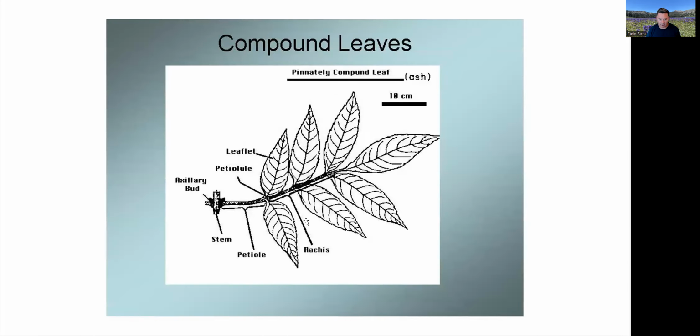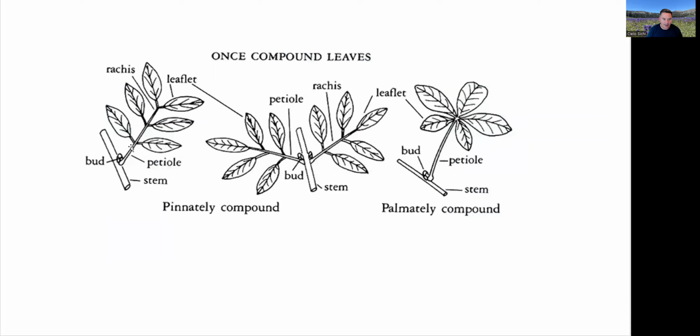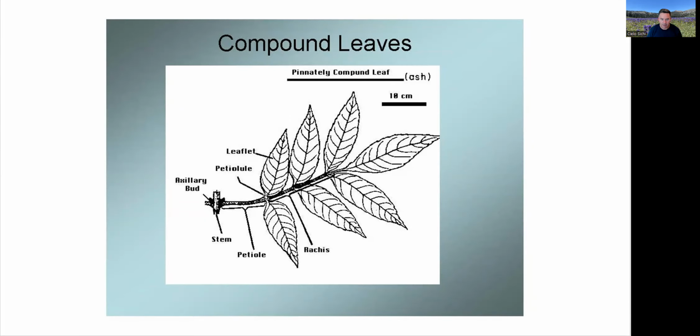Again, looking at a single pinnately compound leaf, we've got the stem, the petiole, the petiolule. That's a tough one. The petiolule is the connection from the rachis to the leaflet blade. That's what that's pointing out. Sometimes there's a long one, sometimes a short one, sometimes it's non-existent.